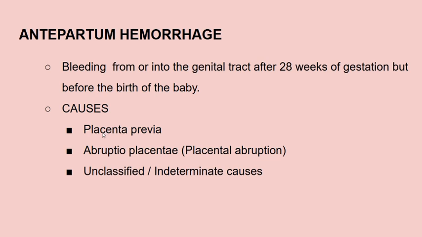We all know that placenta previa is the presence of the placenta at the lower uterine segment. Abruptio placentae refers to the premature separation of the placenta, and unclassified or indeterminate causes are numerous, from vasa previa to velamentous insertion of the cord, and when the time comes we will talk about that. But for today's video, we are going to be talking about placenta previa.